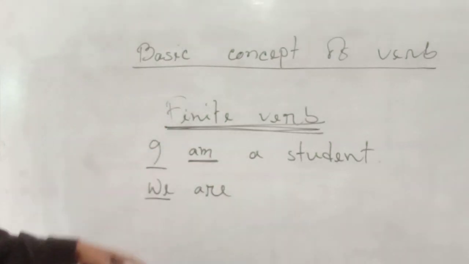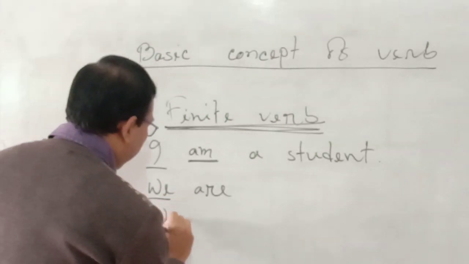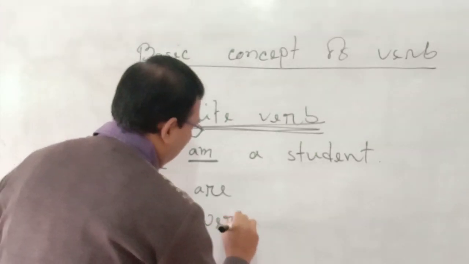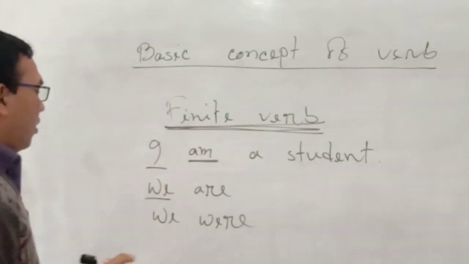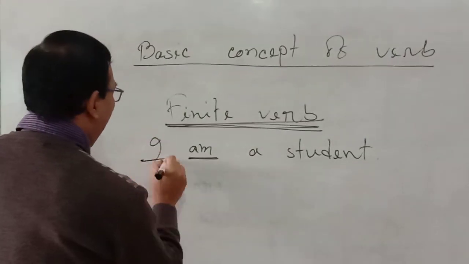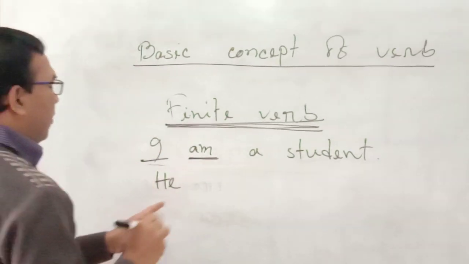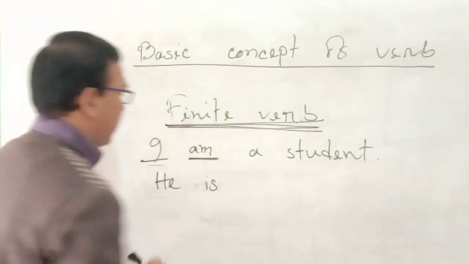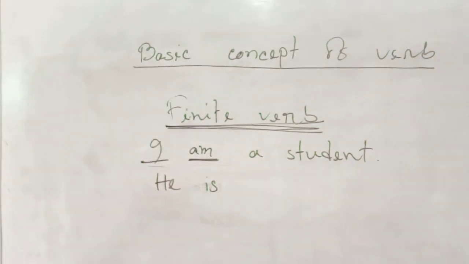And if we change the tense, then we were or I was. Again, instead of I, if I write he, then he is. The verb changes.